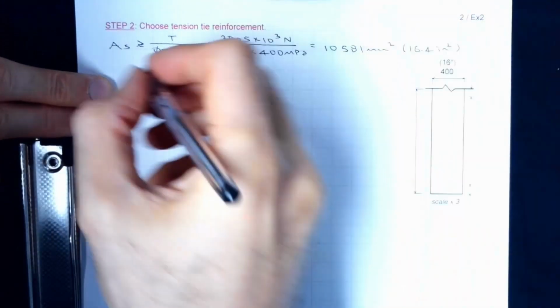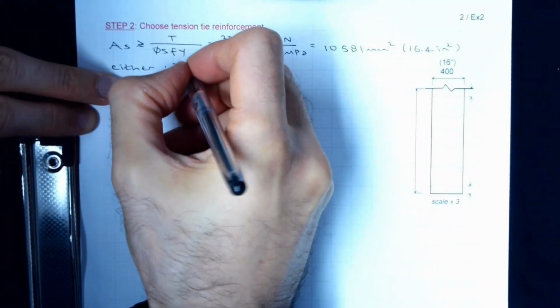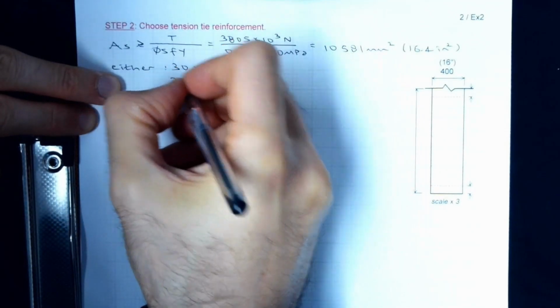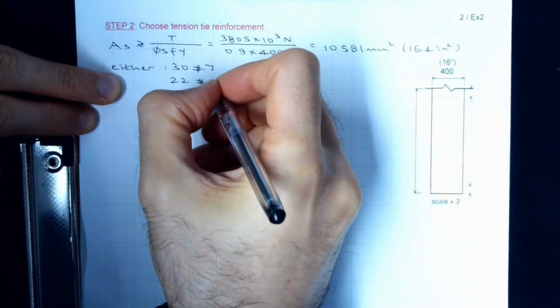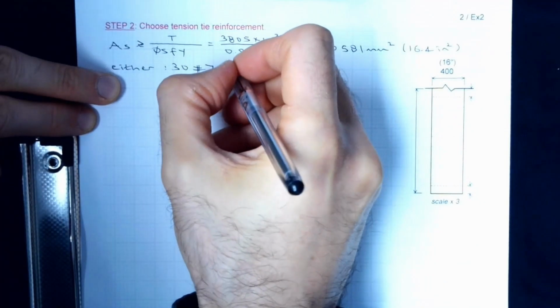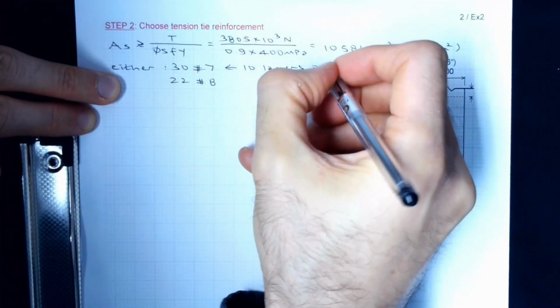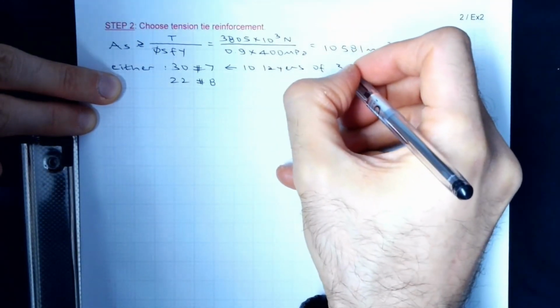That's what it would require. Either number 30, number 7, or 22, number 8. So it looks like I went with 10 layers of 3 bars.